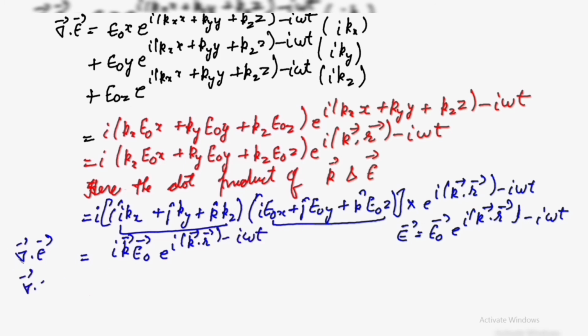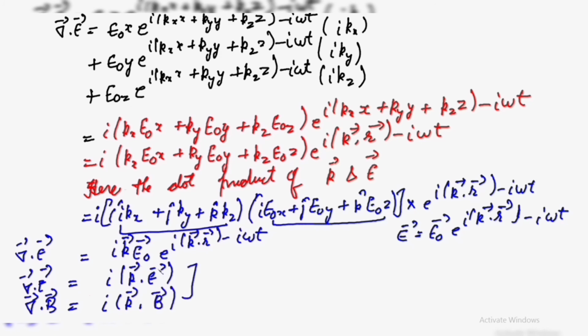So del dot E vector is equal to i k vector dot E vector, and same for del vector dot B vector, which is also equal to i k vector dot B vector. So from both these equations, we know which is perpendicular to the propagation vector.